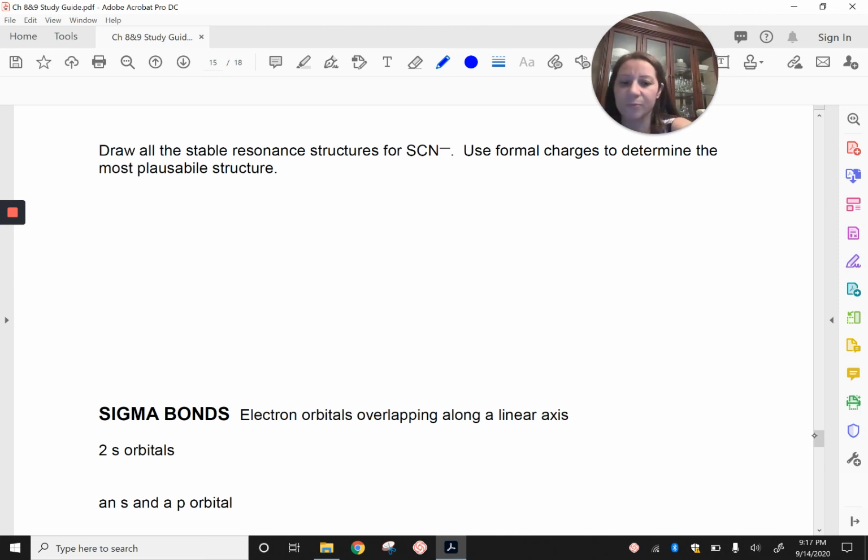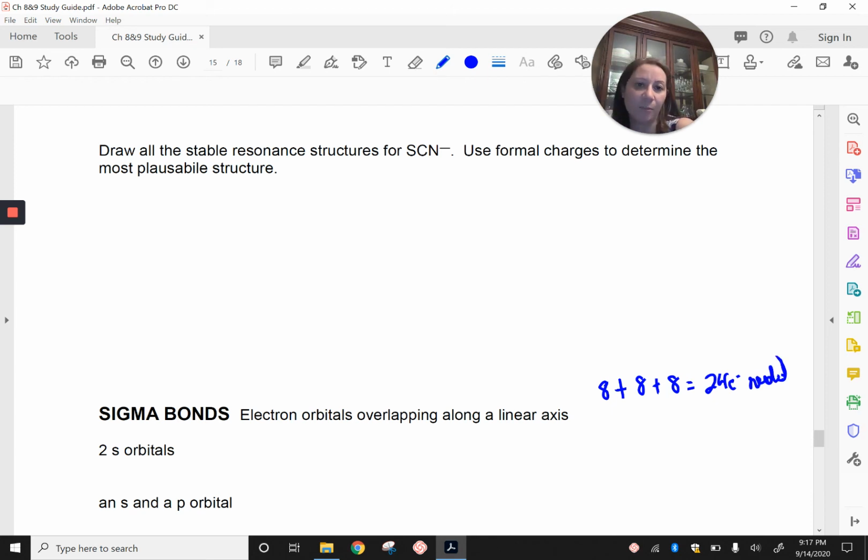So I'm going to do the math on this side here. Remember that you calculate first the number of electrons that you need for all your atoms to be stable. We have a sulfur that needs 8, a carbon that also needs 8, and a nitrogen that also needs 8. So 3 times 8 is 24 electrons needed.